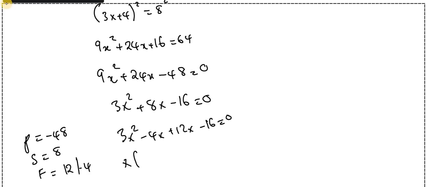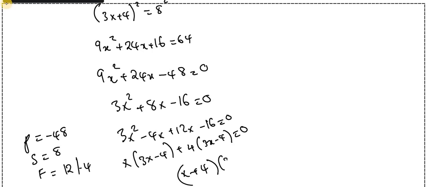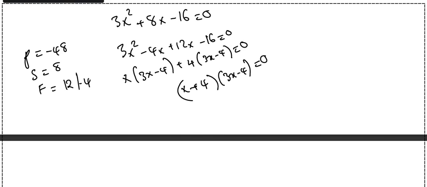This will be x plus 4 and also 3x minus 4 is equal to 0. When you solve this, it is supposed to give you x is equal to negative 4 and also x is equal to 4 over 3.